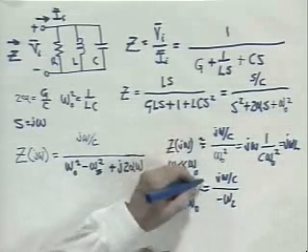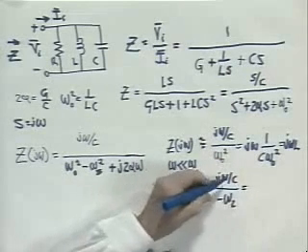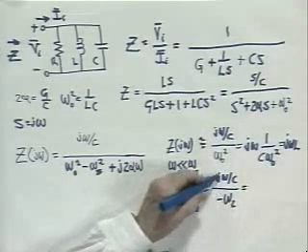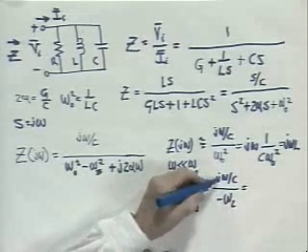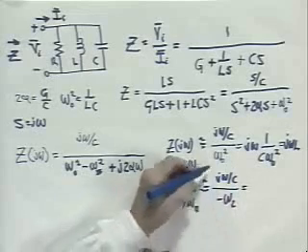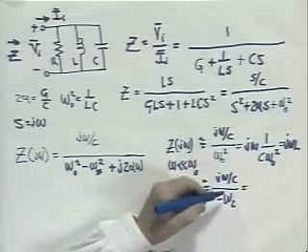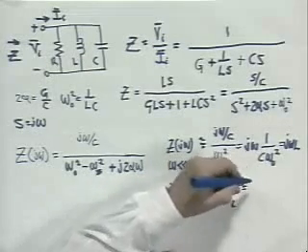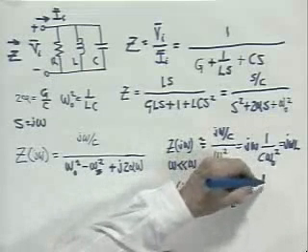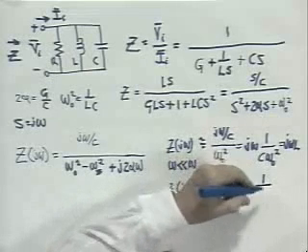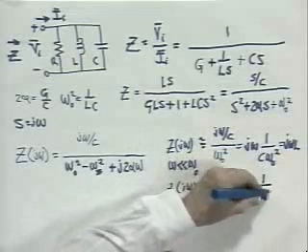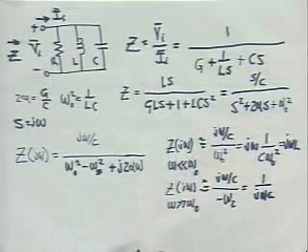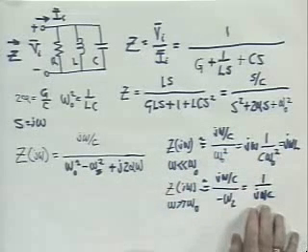These are both approximations. So this leaves me with j upstairs and a minus sign downstairs, which translates to a j downstairs. The omega here cancels one down here, the C comes down, so this is equal to 1 over j omega C, which is just the impedance of the capacitor.